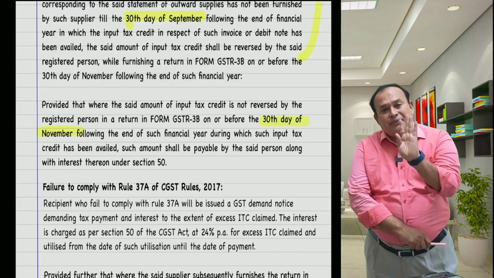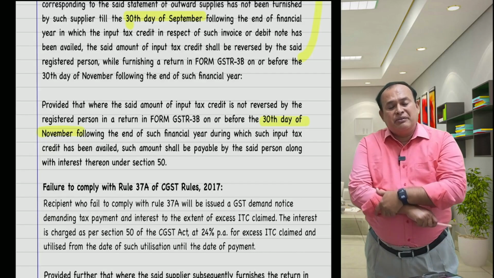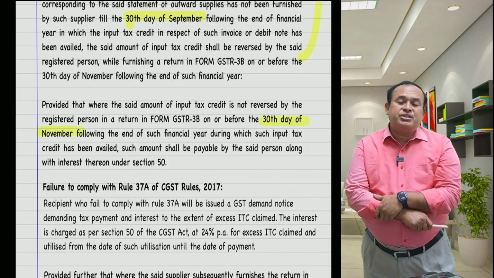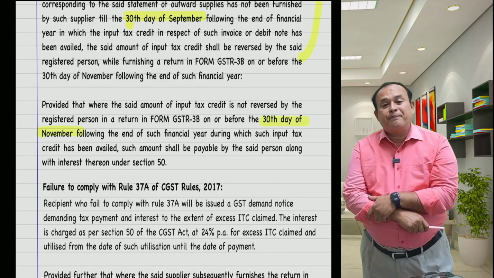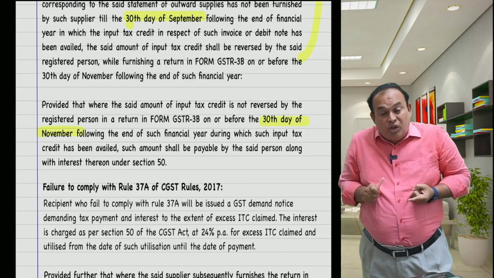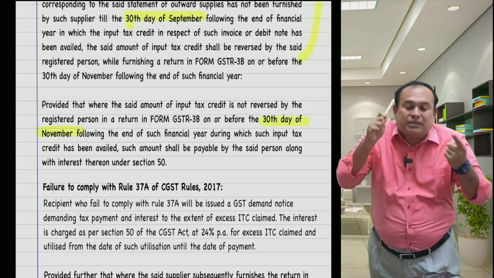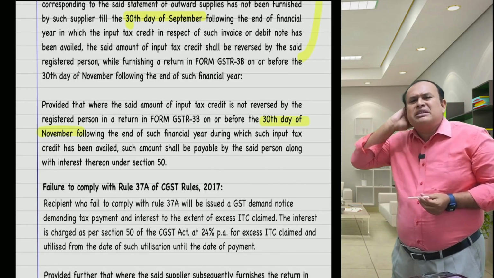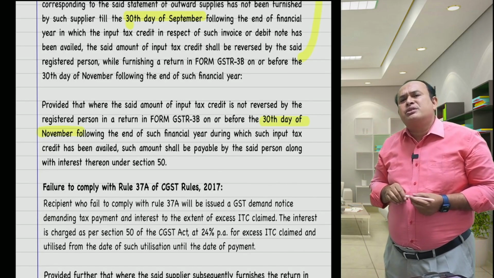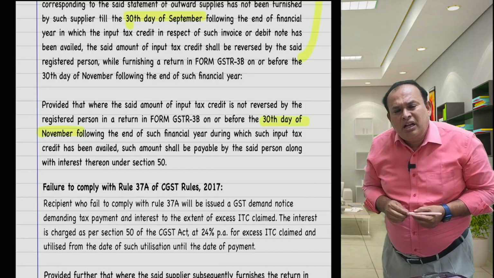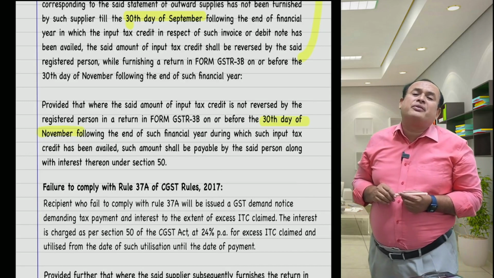By 30th of November, if you do not reverse the credit or pay the amount, then in that case, the law says, from the date on which you utilized that credit. I utilized the credit at that time itself, no. In the month of January, I received the goods, that time I availed the credit, and while filing the GST 3B return, I utilized the credit by 20th of February itself.